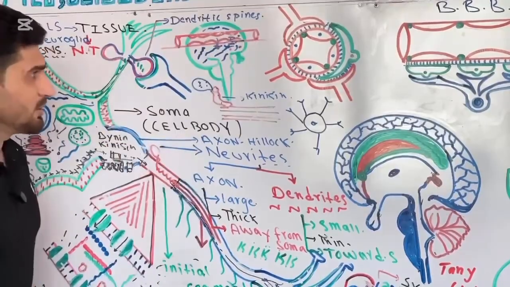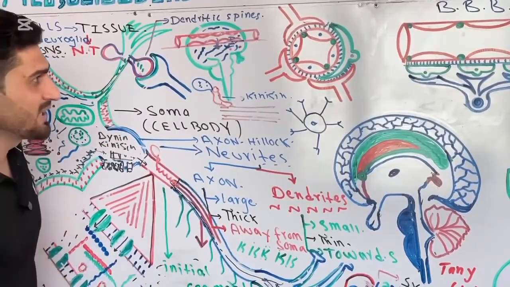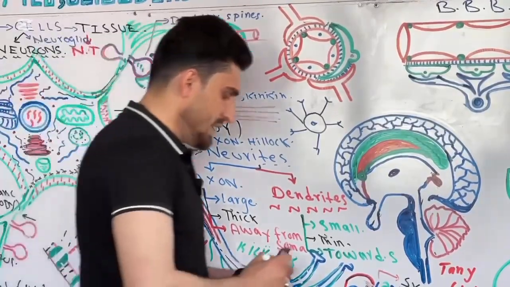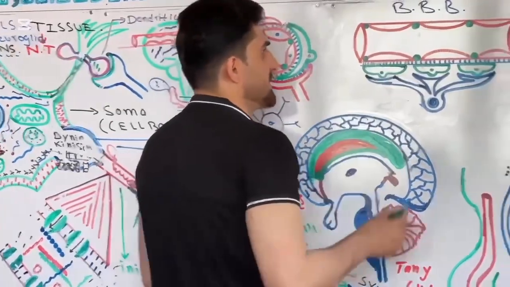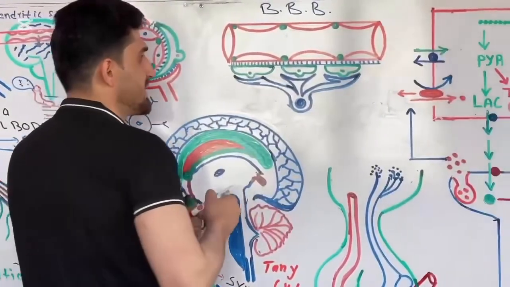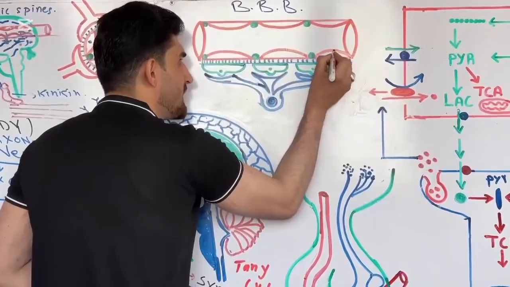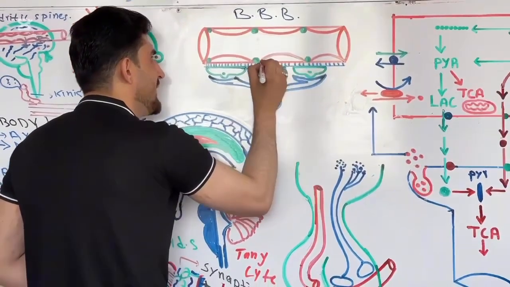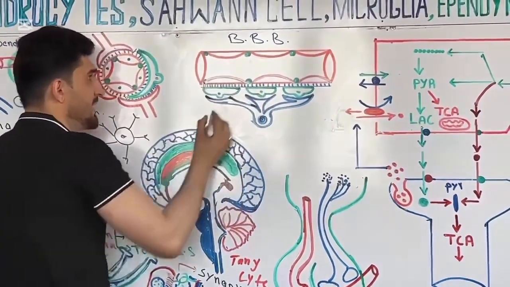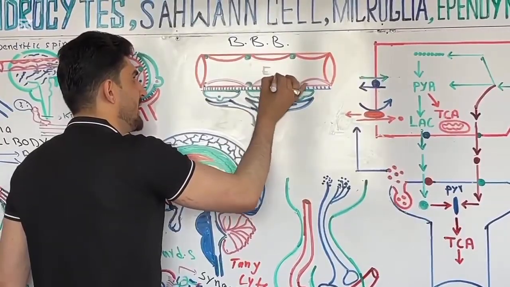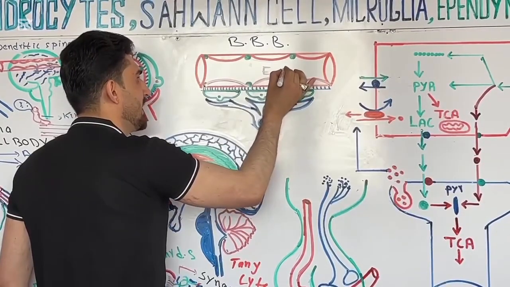Let me talk about the components of the blood-brain barrier. Firstly, in a blood vessel that passes through the central nervous system, we have endothelial cells. So the first part of the blood-brain barrier is the endothelium or endothelial cells.